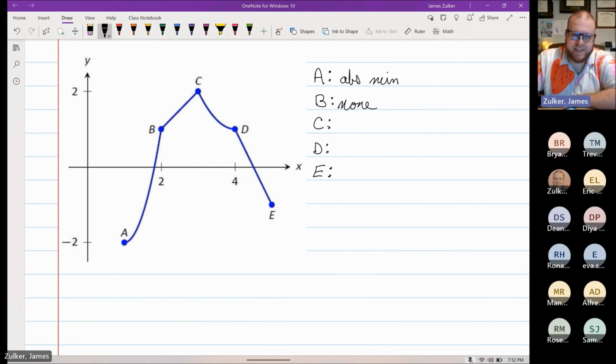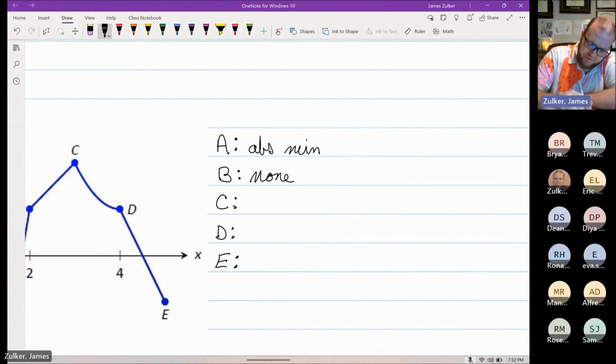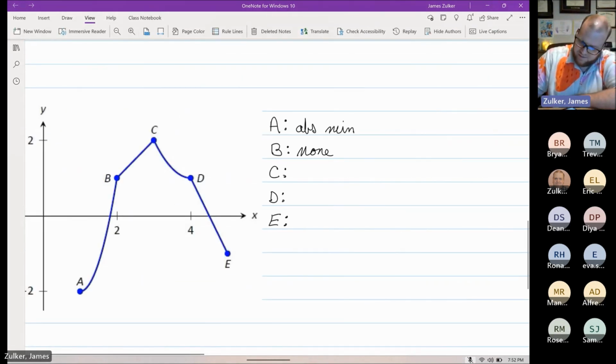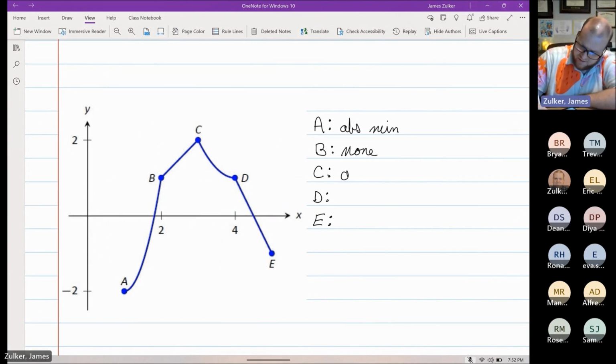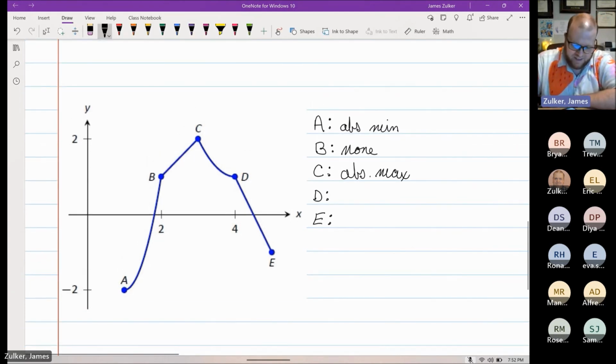What about point C? Absolute max. Oops, what's going on? What about D?